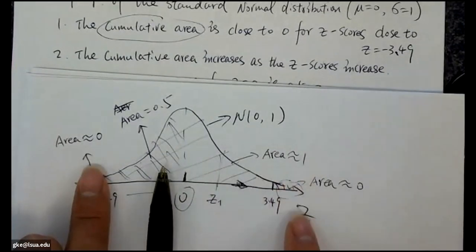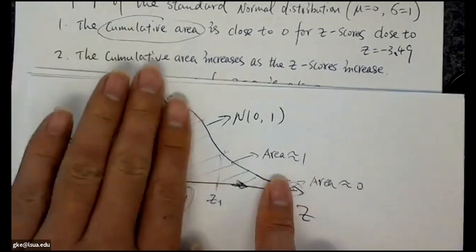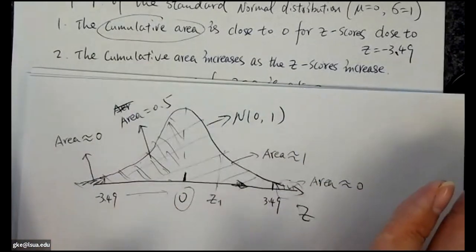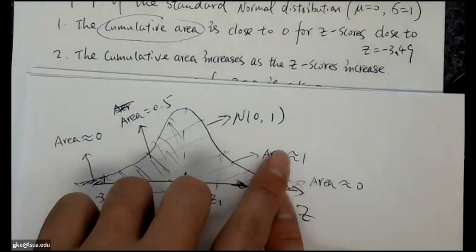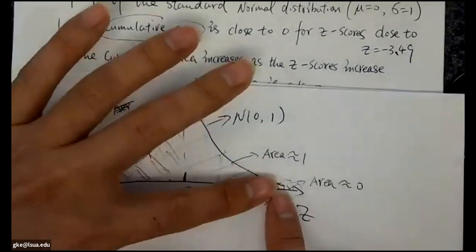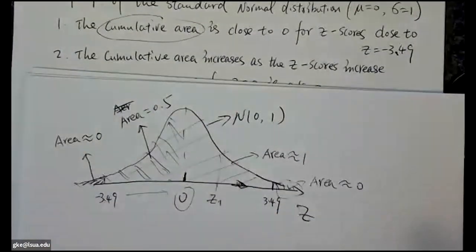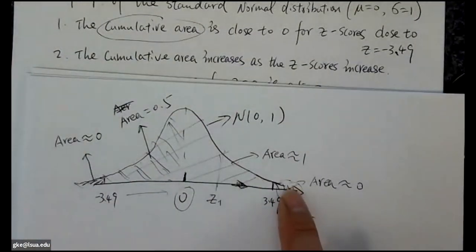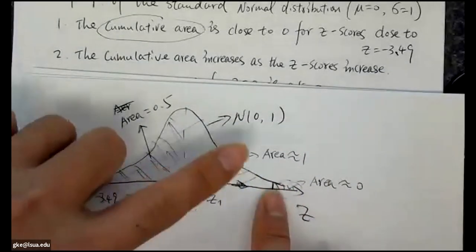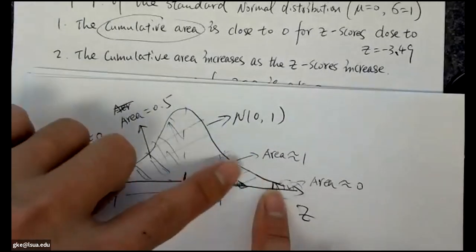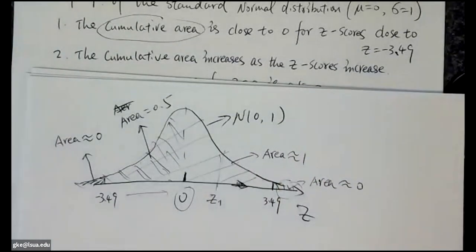So when you see 3.49, the total area is 1. So 1 subtract this little 0 equals 1. So the area to the left should be 1, because the area to the right is close to 0. That is the area to the left. Clear?